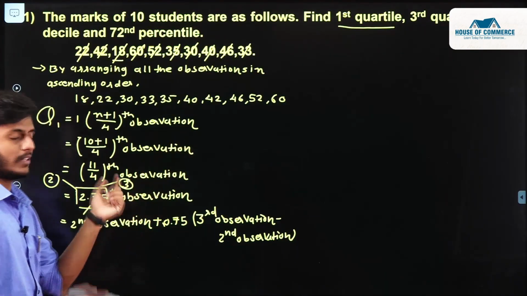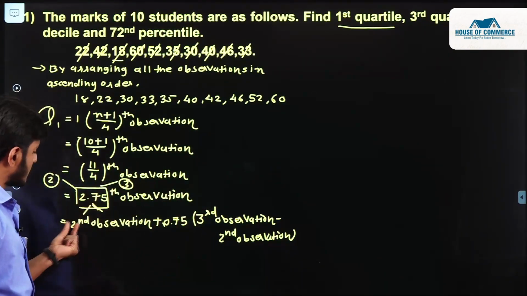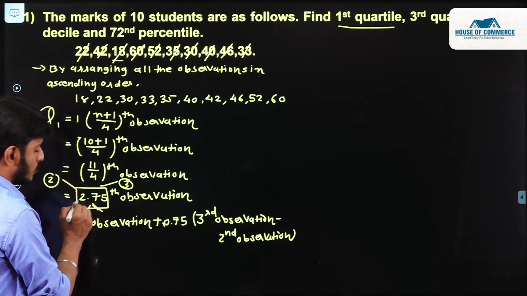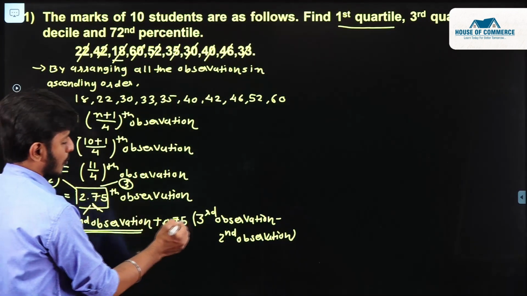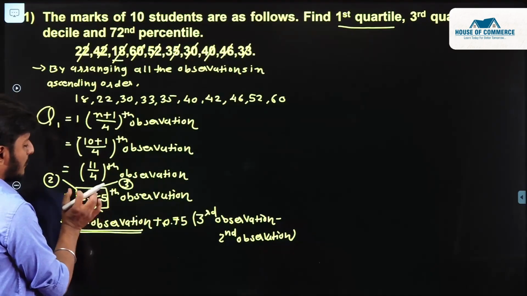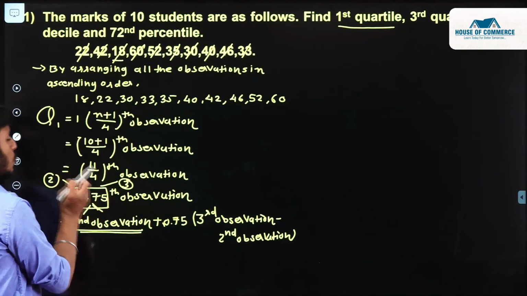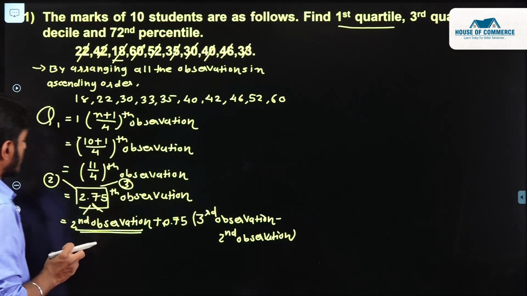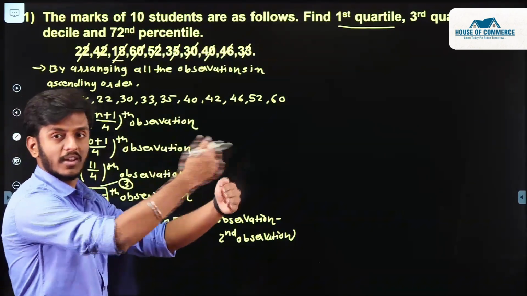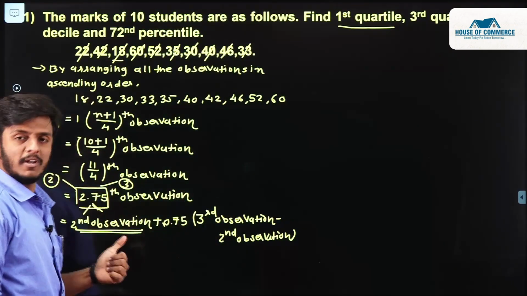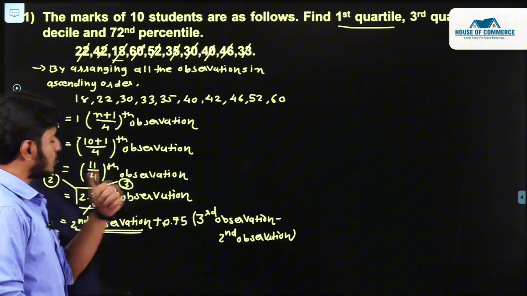Then we have to divide it into two parts. First part is the second observation. We use this 2 over here, that means the second observation. Then the remaining part, which is the 0.75. But 2.75 lies between 2 and 3. If we start from the 2, then we can get 2.10, 2.20, 2.30, 2.40, 50, 60, 70. It is 2.75. That means it lies between the 2 and 3.